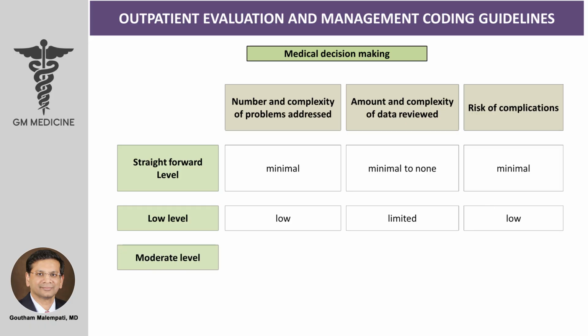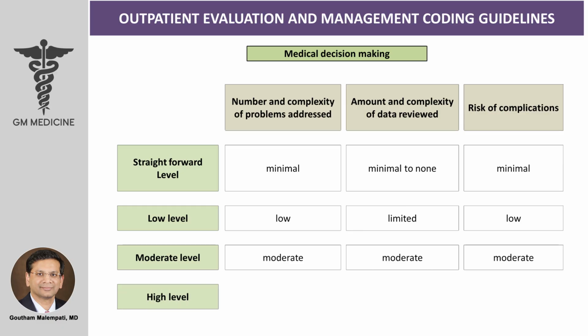For moderate level of medical decision making, number and complexity of problems addressed is moderate. Amount and complexity of data reviewed is moderate. Risk of complications is moderate. For high level of medical decision making, number and complexity of problems addressed is high. Amount and complexity of data reviewed is extensive. Risk of complications is high.